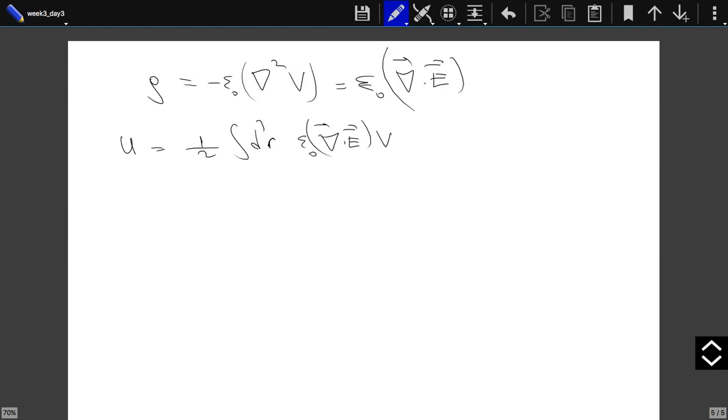Divergence of electric field multiplied by V is nothing but the divergence of V multiplied by E minus the electric field multiplied by the gradient of V.